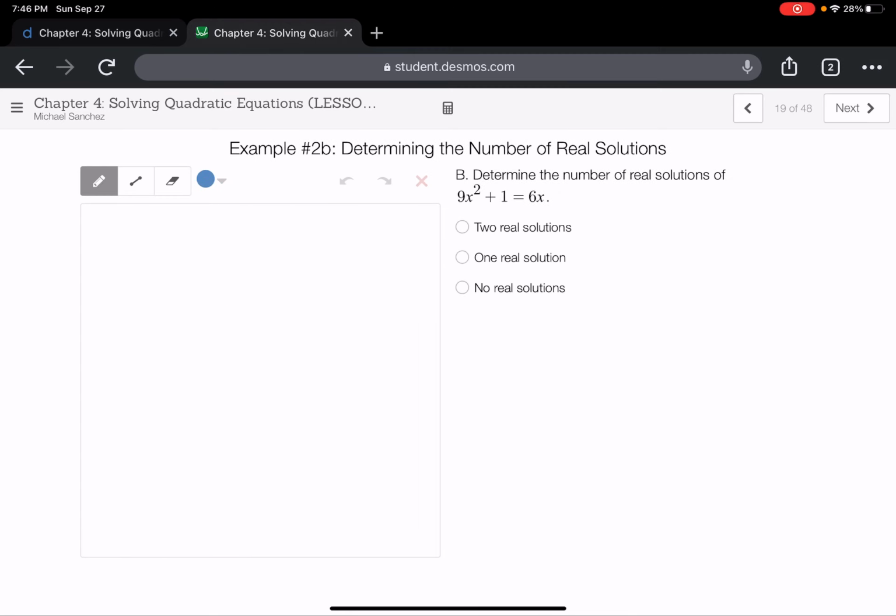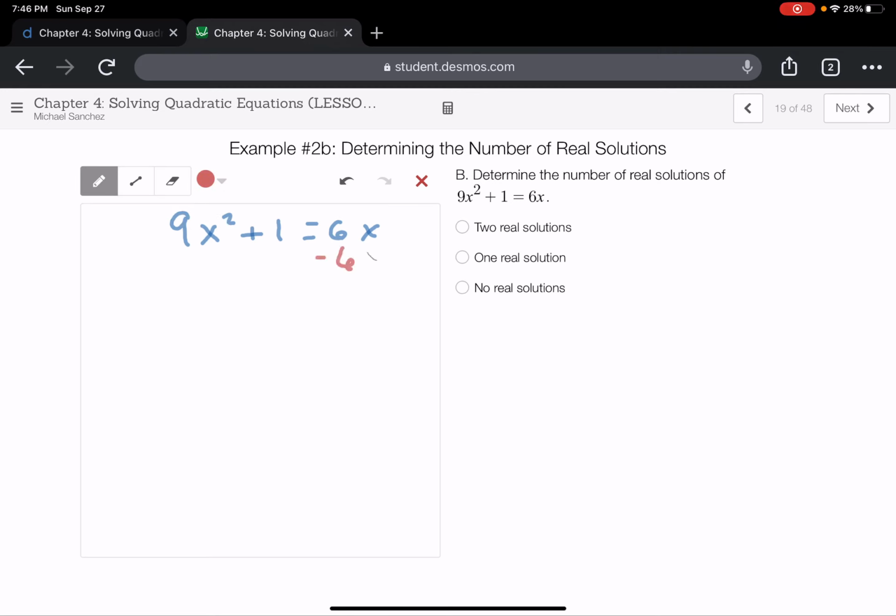Okay, let's try one more. This one is not in standard form, so we're going to have to do something to the equation before we use the discriminant. In order to substitute into the quadratic formula or to use the discriminant, we have to have this written in standard form.